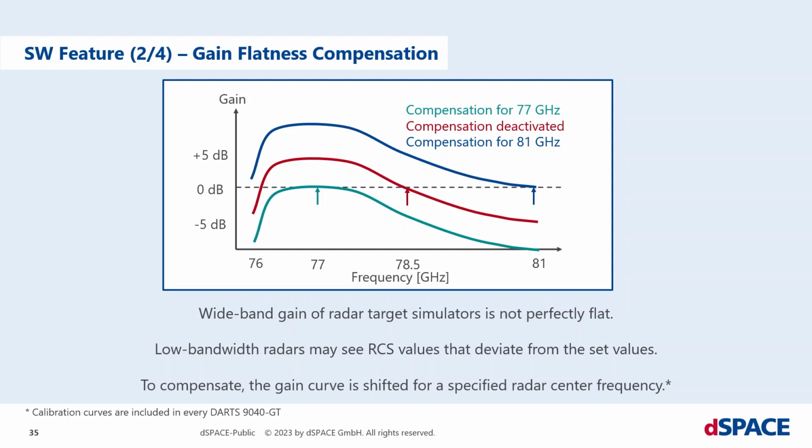In this case, the actually simulated RCS value of the DARTS may deviate by multiple dB from the set value. However, to compensate for this, the individual gain curve of every DARTS is measured during calibration and can be used to shift the whole gain curve to compensate this deviation when this feature is activated.